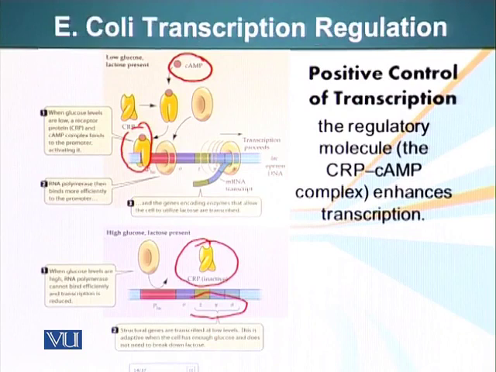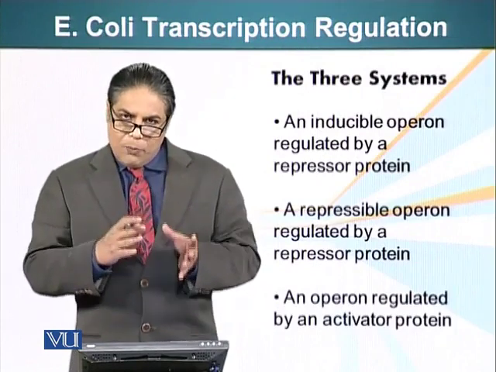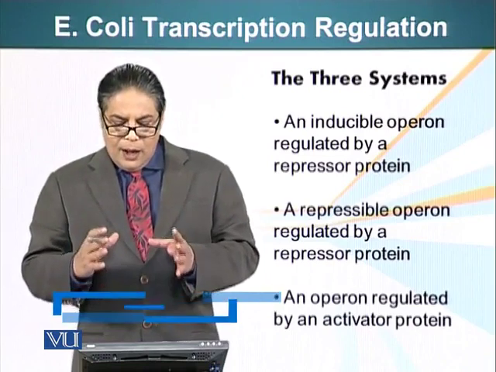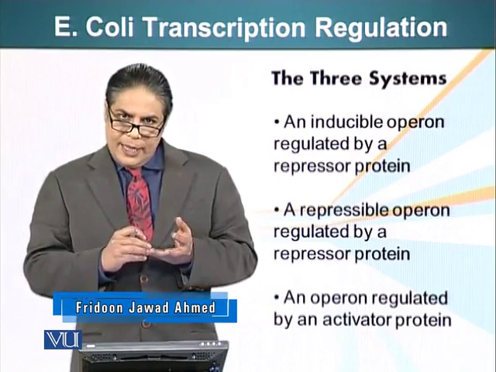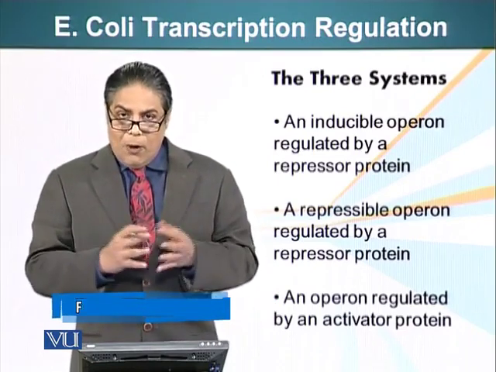So we have looked at 3 examples: 2 negative control examples and 1 positive control example. The 2 negative control examples were, number 1, the lac operon with the inducer, the inducible system. The other was the repressible system, the trp operon.